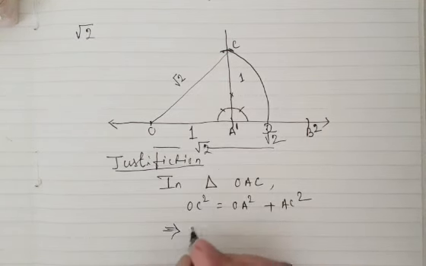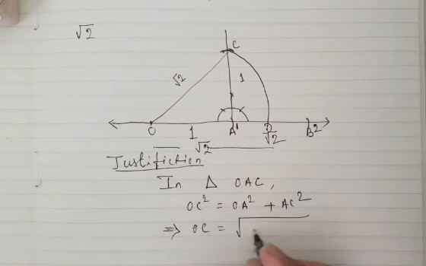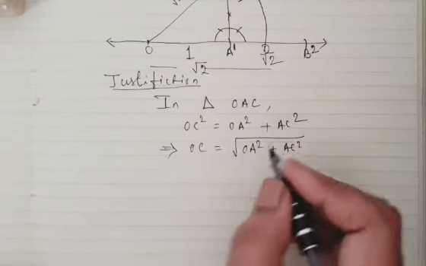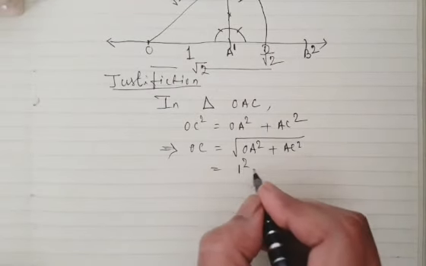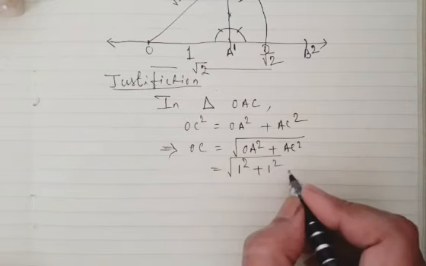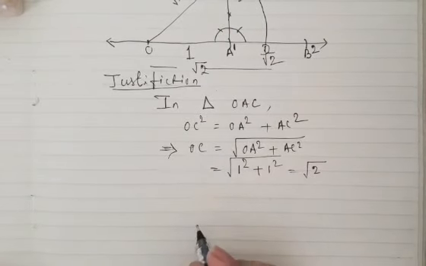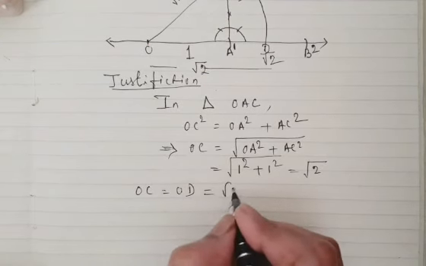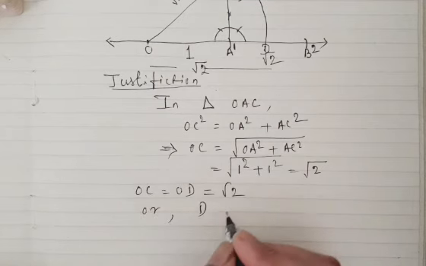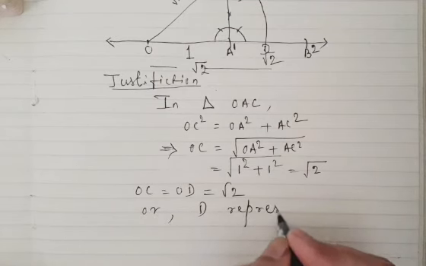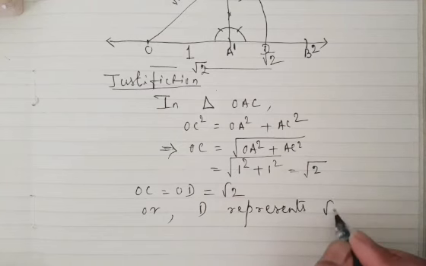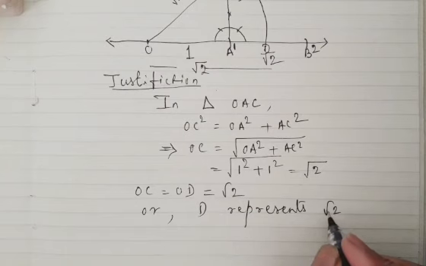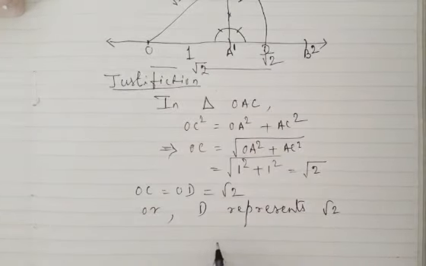That implies OC equals root over OA square plus AC square, which is equal to root over 1 square plus 1 square, that is root 2. Then you write OC equals OD equals root 2, so D represents the irrational number root 2. In this way we can construct root 2 and justify our construction.